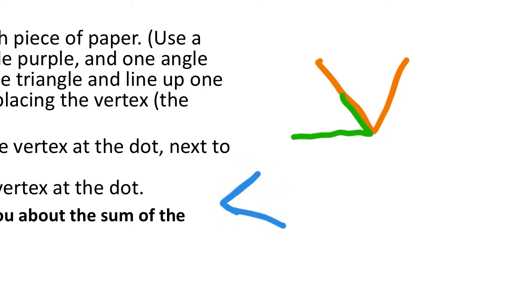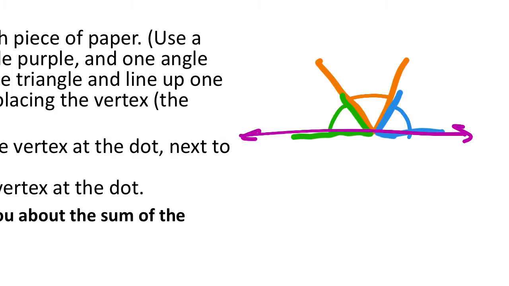I tried. Well, what happens with these angles when I put them together, right? I just kind of cut them out and then piece them together. Well, we got the green one right here, and the orange one right here, and the blue one right here. And what kind of relationship do they make? Supplementary. That's a straight line, so it is supplementary.